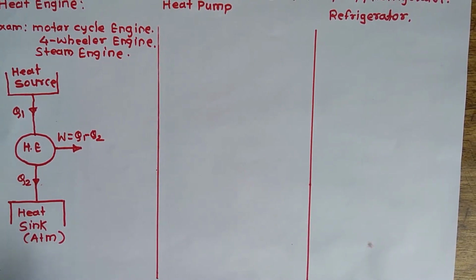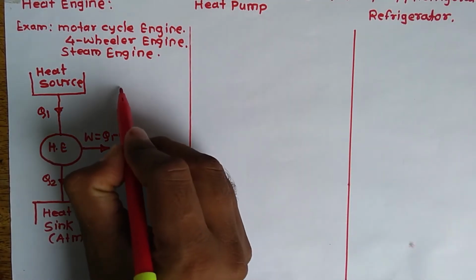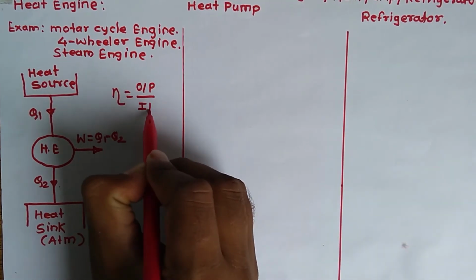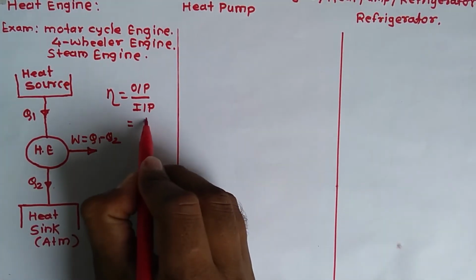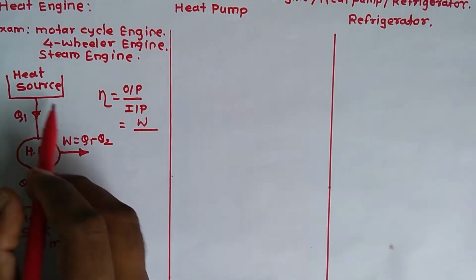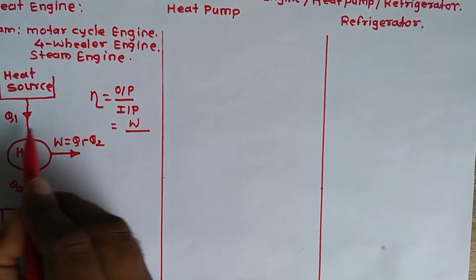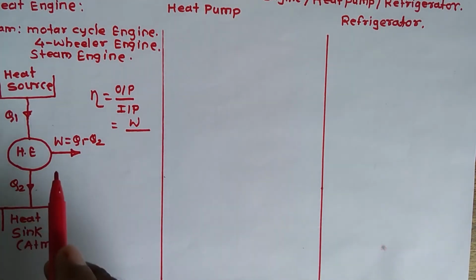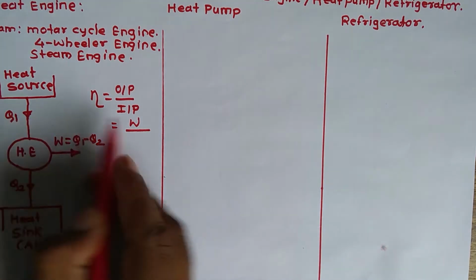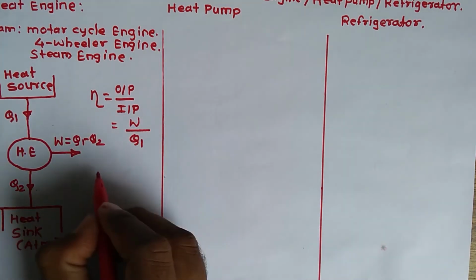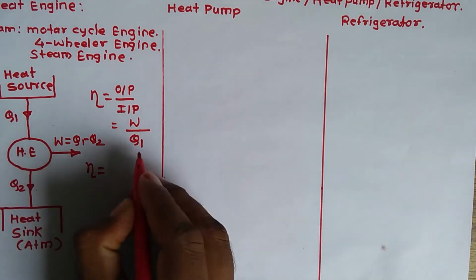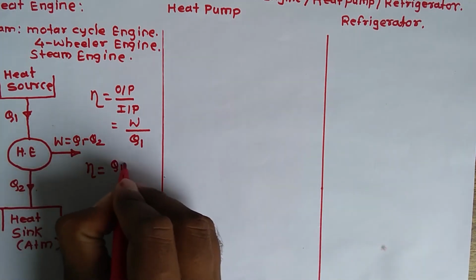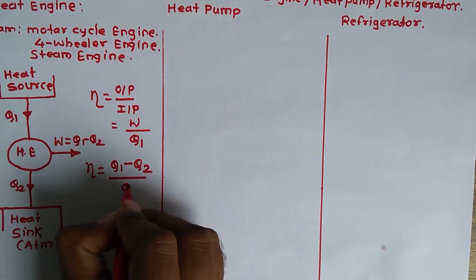The efficiency of that engine is calculated by the formula of efficiency. Efficiency is equal to output divided by input. Here the output is W, and the input we are giving is Q1. That Q1 is whatever heat is generated by the chemical reaction occurring in the combustion chamber, so that will be the input. So the efficiency of the heat engine will be W divided by Q1. That W is nothing but Q1 minus Q2, so efficiency equals Q1 minus Q2 divided by Q1.